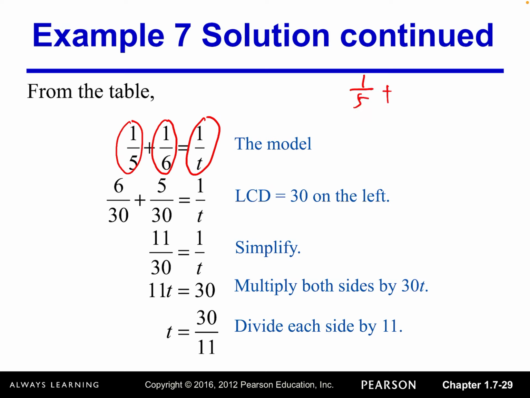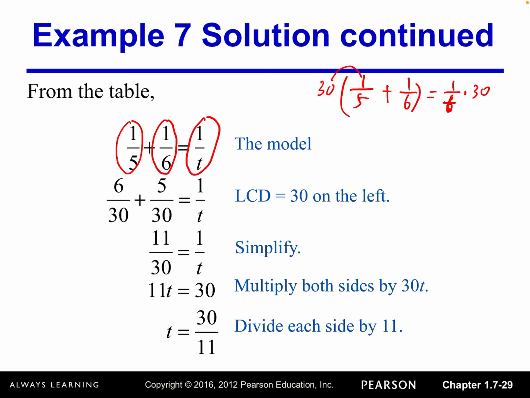So 1 over 5 plus 1 over 6 equals 1 over T. So how do we solve this equation? We want to get rid of the denominators 5 and 6. So on both sides of the equation we can multiply by the same constant, 30. The purpose is just to get rid of all the denominators.